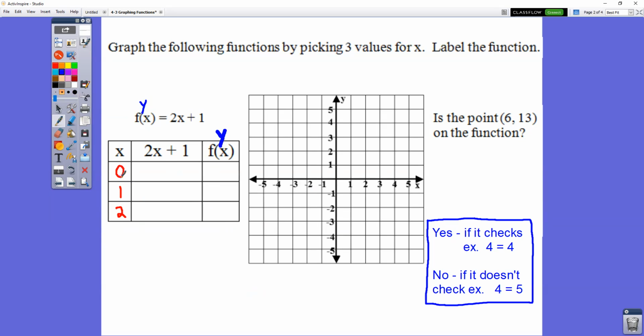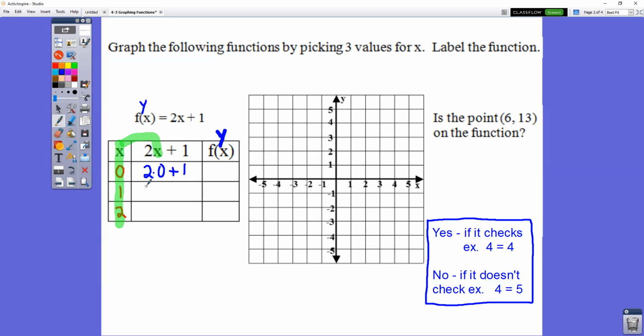Your values for x will be already chosen for you: 0, 1, and 2. What we're going to do is take those values, just like we did yesterday, and sub them in for x. So instead of 2 times x, you're going to have 2 times 0 plus 1.